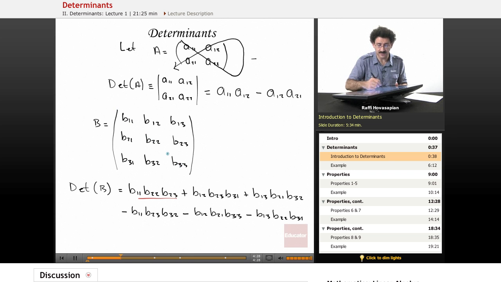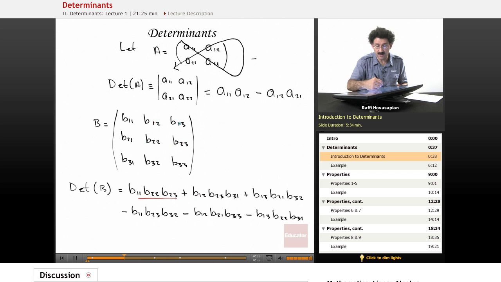Going from top left to bottom right, multiply everything down this way. The second entry, just move over and go down again to the right. B12 times B23, but since you have nothing over here, just go down to this one because you need 3 entries. Notice each one of these has 3 factors. So it's this times this times this.